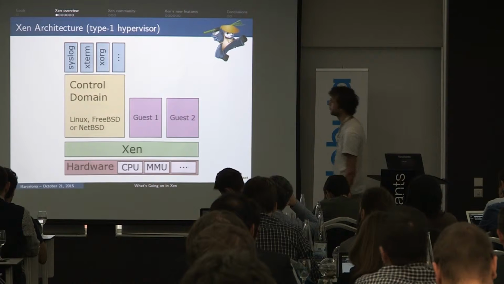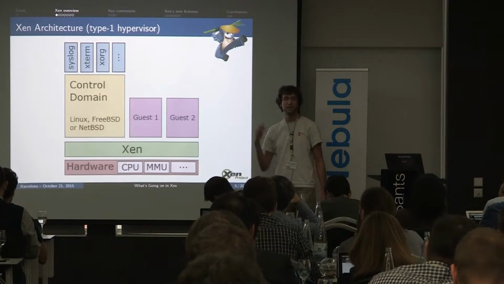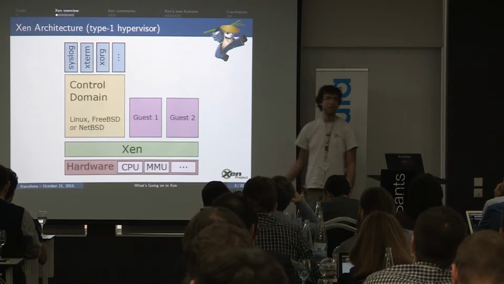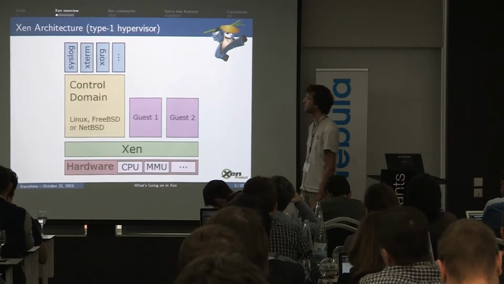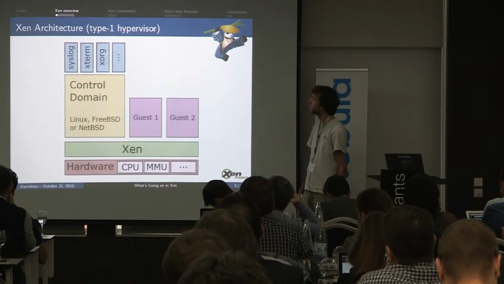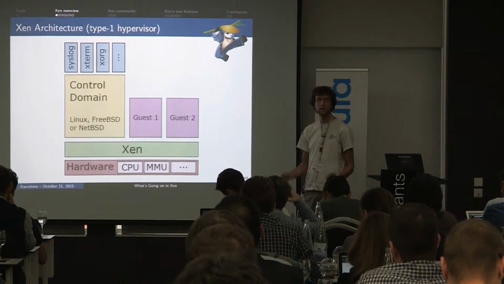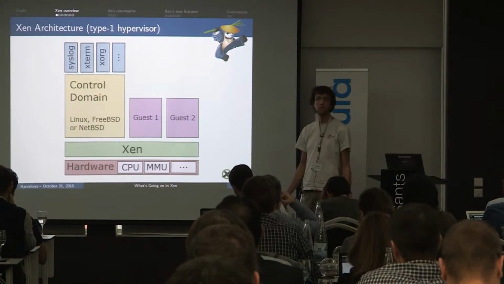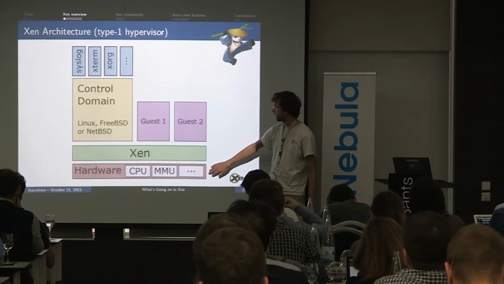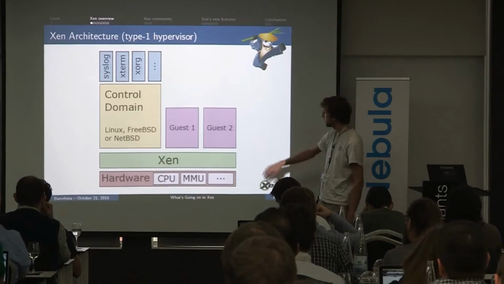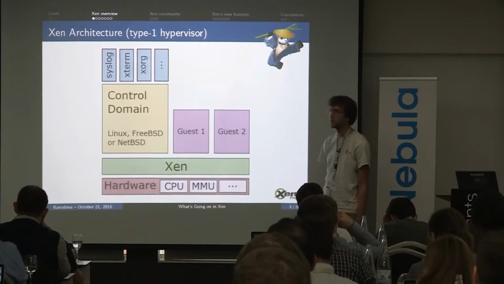So first of all, people attending the CentOS Dojo yesterday already saw these slides, so nothing new here, but I like to usually start with those because it's an overview of how a Xen system usually works, which is kind of different to type 2 hypervisors. Here we have the hardware on the bottom, that's the hardware that we're going to run on. Then on top we have the Xen kernel, which is a microkernel.